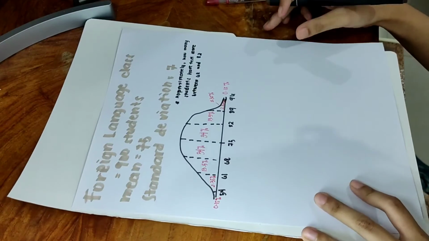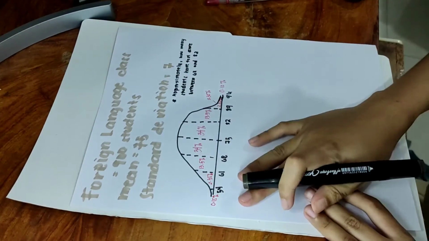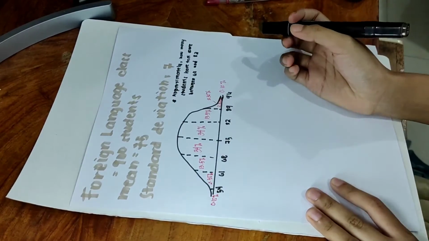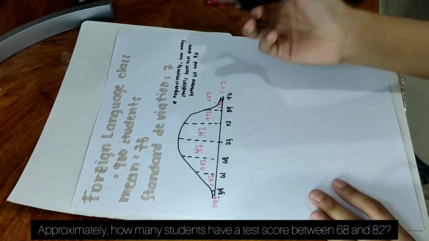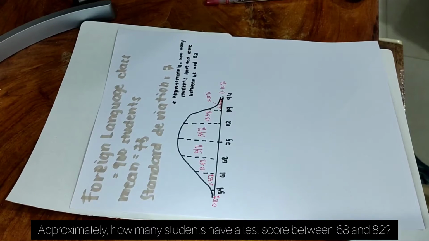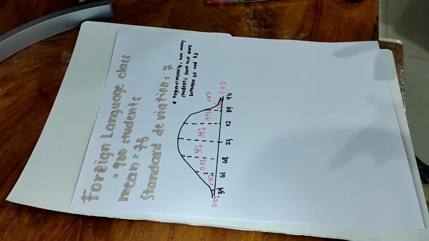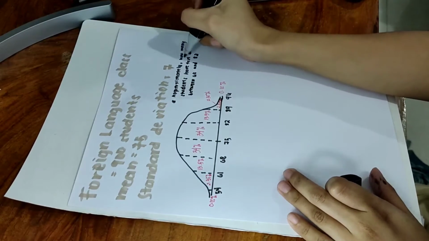So, ayun, nasa example number 3 na tayo. Alam na natin kung paano nakuha ang value sa baba. And the question on number 3 is, approximately how many students have a test score between 68 and 82? Kanina, ang hinahanap ay percentage, pero ngayon, how many students?